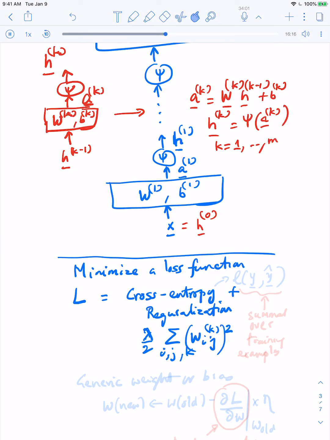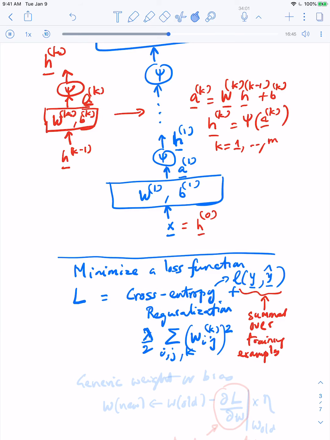And the cross entropy picture is exactly the same. I guess I can denote this as little l of y and y hat, and this can be summed over training examples, right? That's what we had.